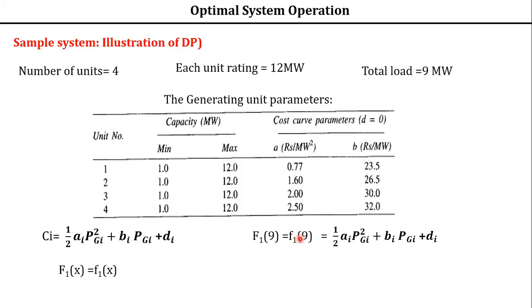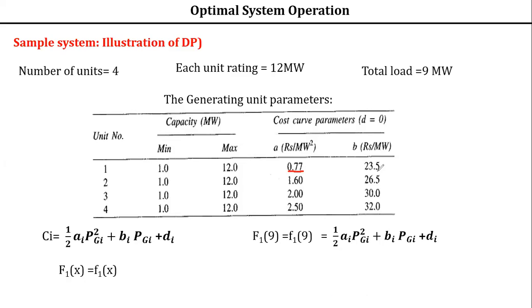This is the generation. Now in the same equation, you write Ai, Bi. That means this is for the first unit; 1 indicates the first unit. So for the first unit, what are the coefficients here? The coefficient A is 0.77. Understood?